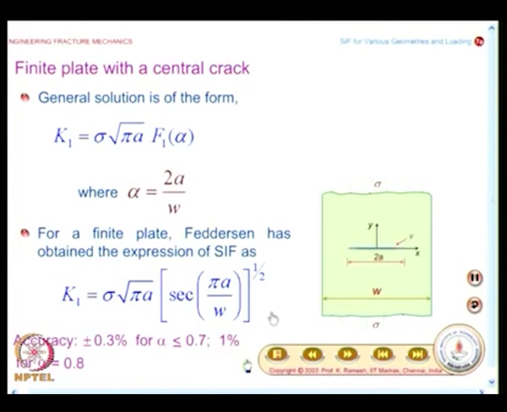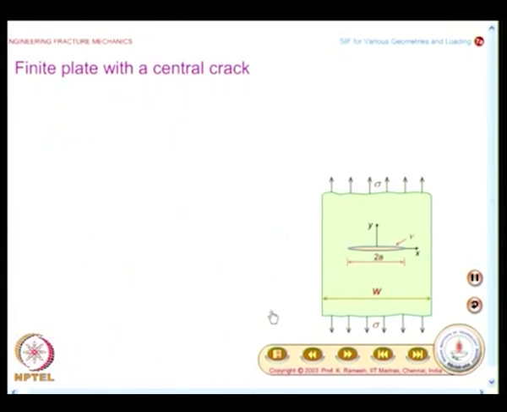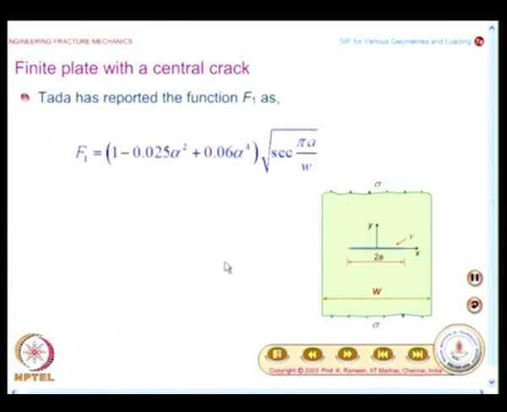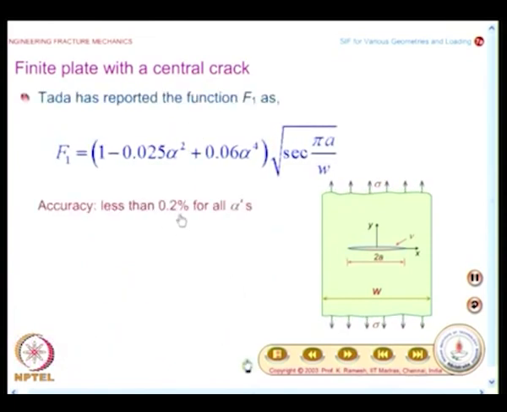And you also have another approximation that is given by Tada, which has an improved accuracy. The function is given as 1 minus 0.025 alpha squared plus 0.06 alpha power 4, multiplied by the root of secant of pi a divided by W, and this claims that the accuracy is within 0.2% for all values of alpha.